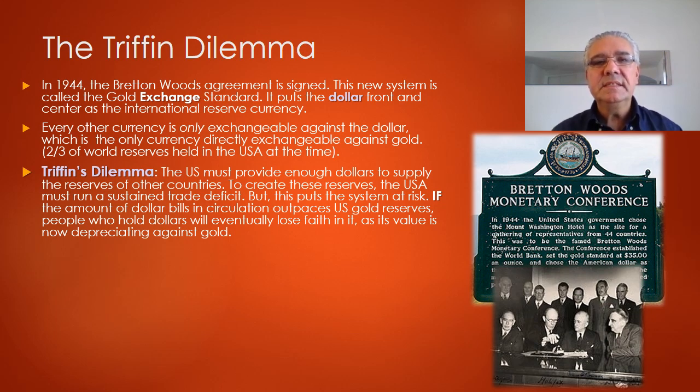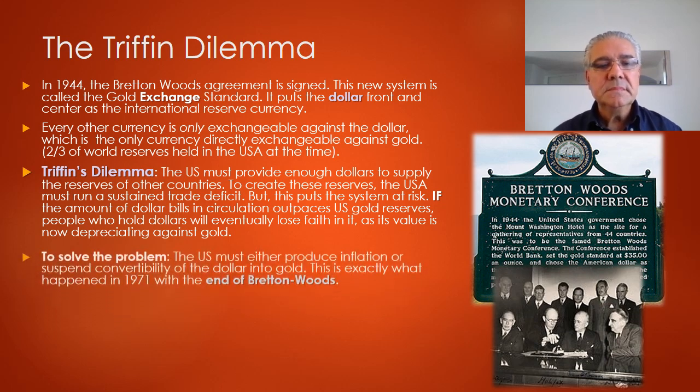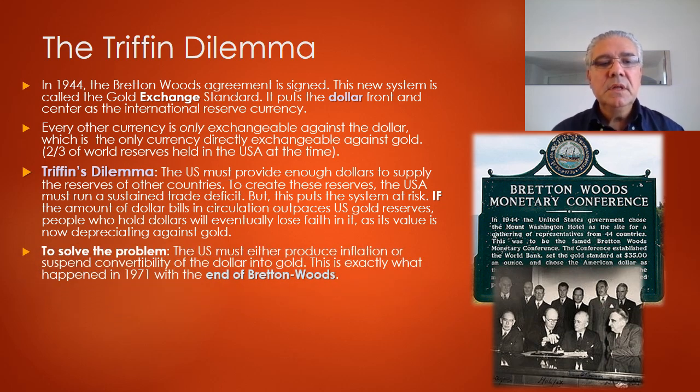What Triffin says is that this outcome is unavoidable. To solve the problem, the US must either produce inflation or suspend convertibility of the dollar into gold, which then would break the system down. But this is exactly what happened in 1971 with the end of the Bretton Woods Agreement.